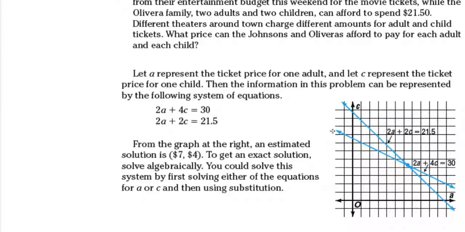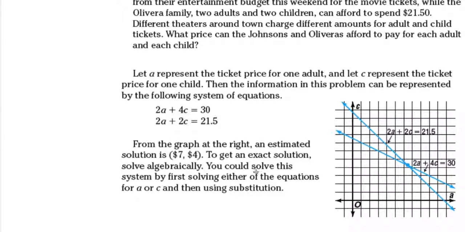All of those can be used to graph these two equations. This is the graph of 2a plus 2c equals 21.50, the Oliveira family's budget. From the graph at the right, an estimated solution would be $7 and $4. If you look at our graph, that point is approximately $7 and $4.